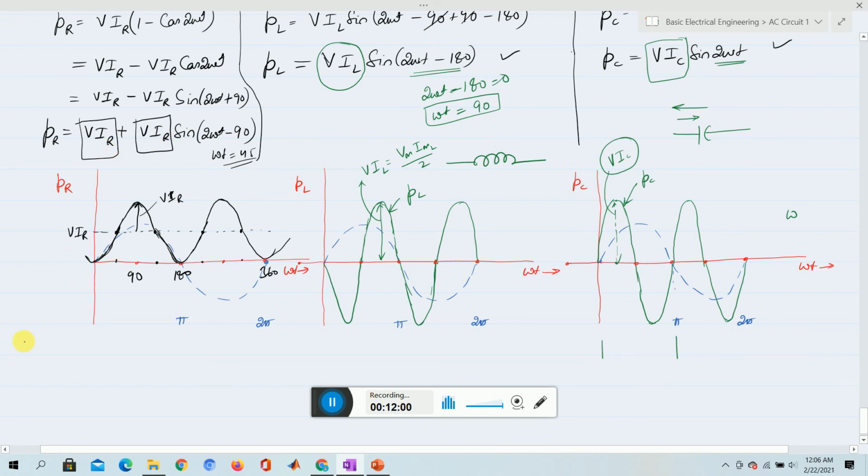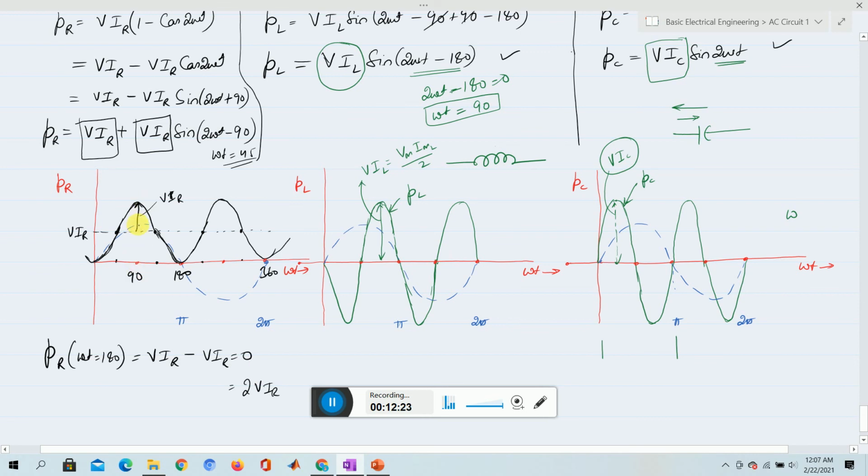So you can check that value. VR at omega t equals 180 degree will give you VIR minus VIR, which is equal to 0, and at omega t equals 90 degree, these two values can add up and you will get 2 VIR. So this height will be 2 VIR.